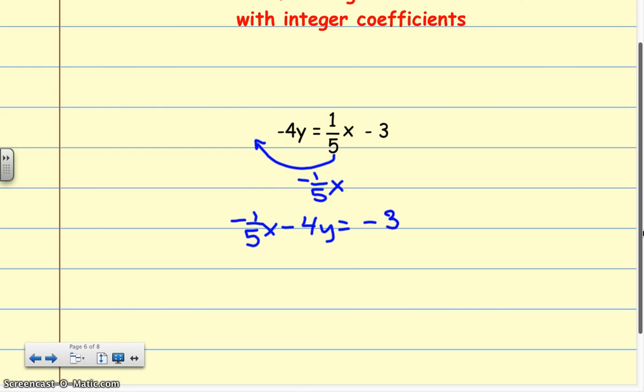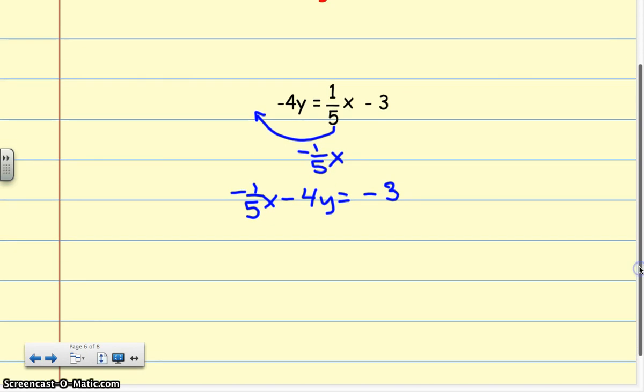So there's a multi-step going on here. Now what do I need to get rid of? A fraction. What number do I need to get rid of? Negative 5. Multiply everything through by 5. So that cancels out. I'm left with negative x, negative 1 times x is just negative x, minus 20y is equal to a negative 15.